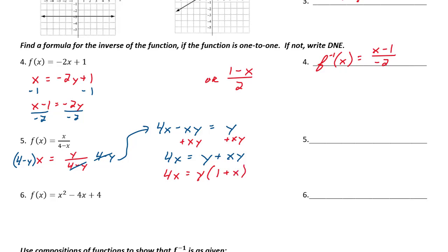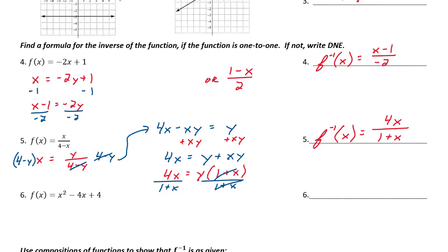That then allows me, because there's only a single y, to solve for it by just dividing by what was in the parentheses, which was 1 plus x. So those cancel, got y by itself. I don't see any plus or minus symbols, so this seems like it would be a one-to-one function. And so I'll go ahead and say that the inverse function of this is, in fact, 4x over 1 plus x, or if you wanted to write it as x plus 1 because you like the x first, that would be fine.